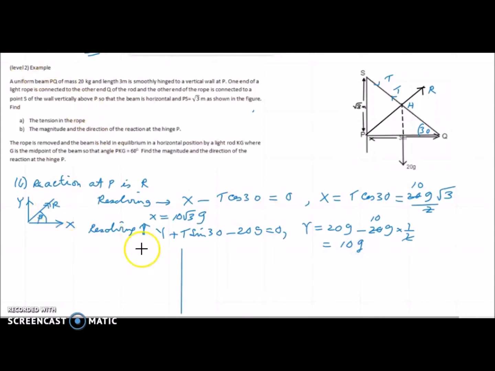Now, what is R squared? R squared equals X squared plus Y squared. X is 10 root 3 g, so we get 10 root 3 g squared plus Y squared, that is 10g squared.